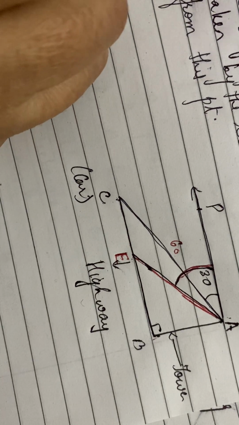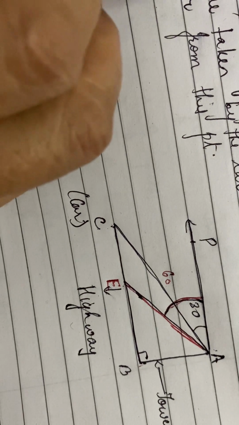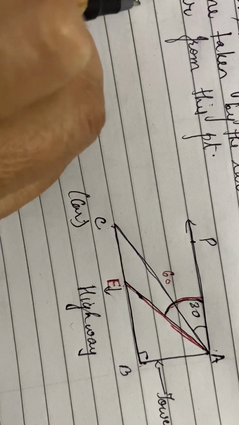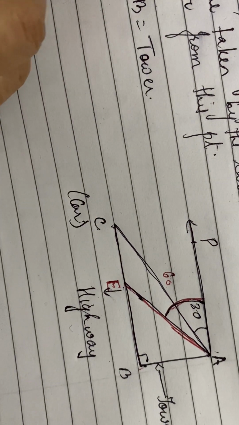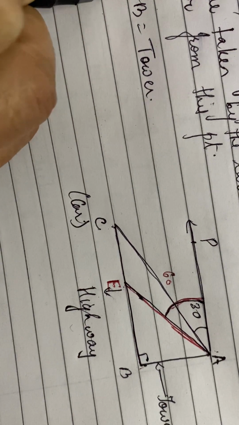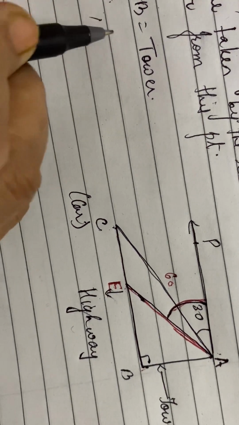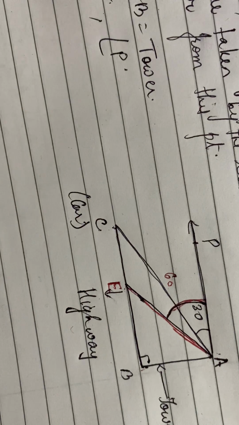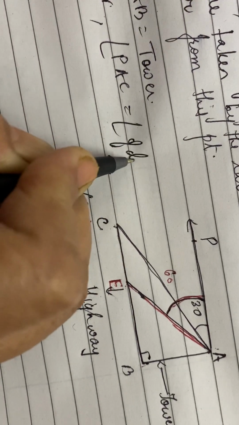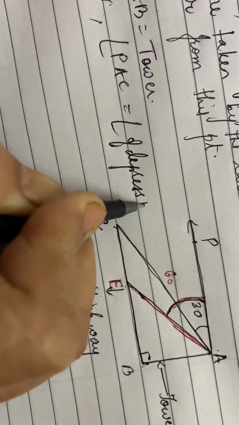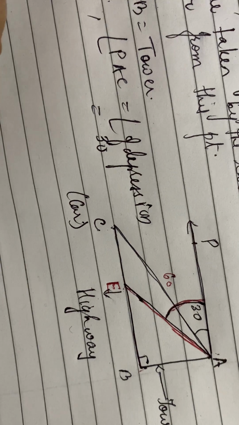Given: AB is the tower. C is the car. Angle PAC is angle of depression, which is equal to 30 degree.